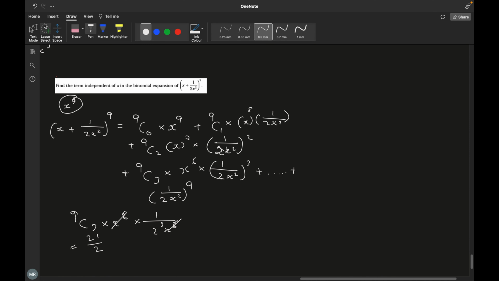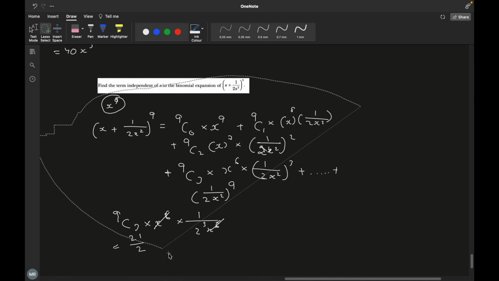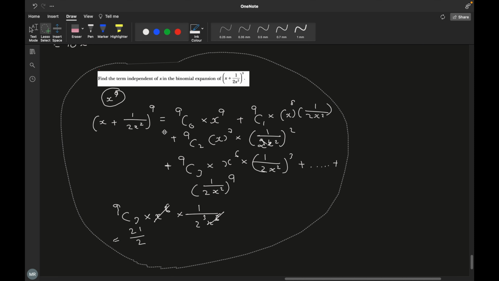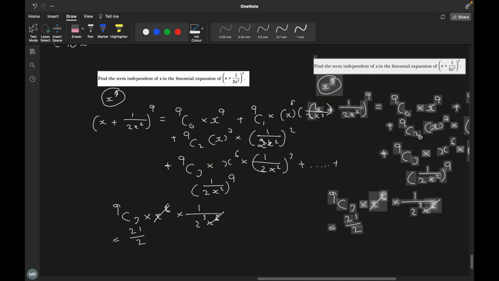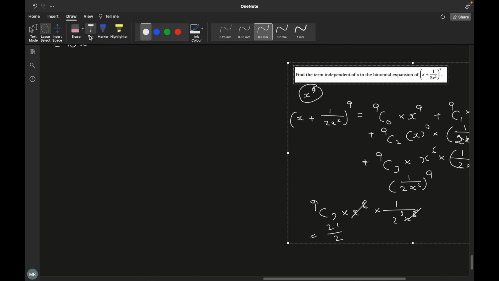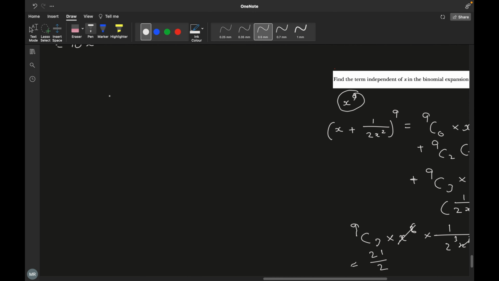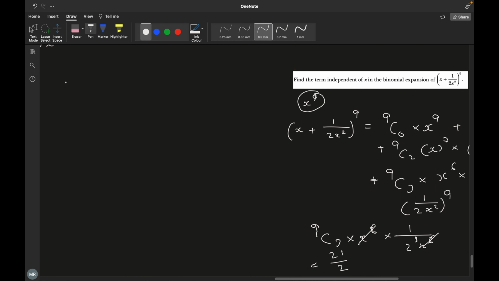So first, let me erase all of this. Actually, I'll move it that side. Okay. So what you're going to do is first we write 9Cr, and this is going to be x to the power of 9 minus r multiplied by 1 divided by 2x squared to the power of r.